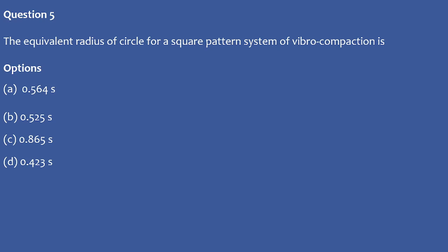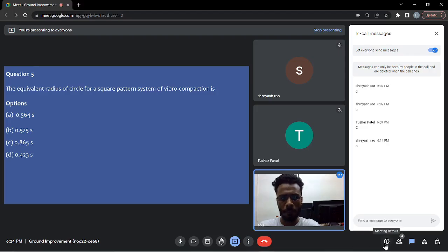In the lectures we have seen two types of pattern: square pattern as well as hexagonal pattern. Corresponding to the square pattern, what should be the radius of the confinement which we consider? You can directly give the answer, or you can calculate it geometrically.